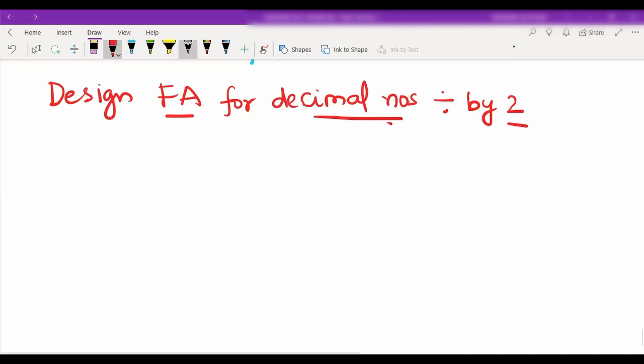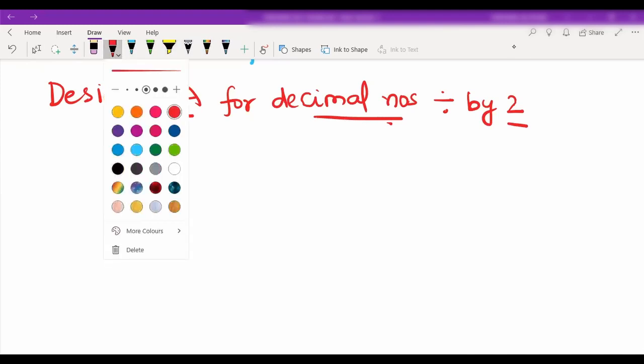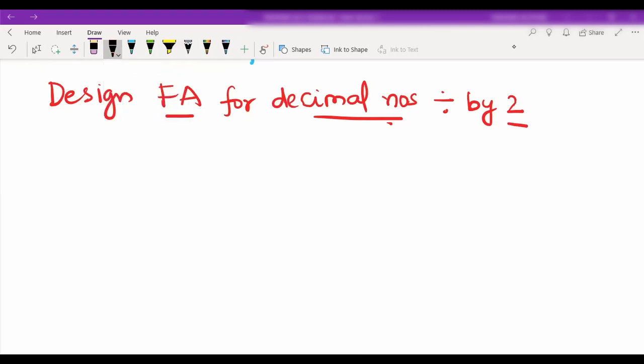Today we will discuss how to design finite automata for decimal numbers divisible by 2. First of all, we will learn the method of designing for the decimal number system, which has the digits from 0 to 9. Decimal means 10. How many bits will be needed? In the unary number system, unary means 1, so only 1 bit was needed, for example 1.